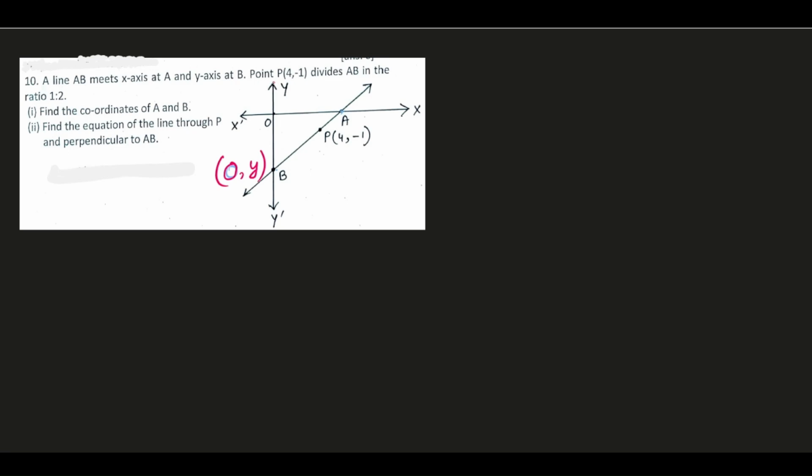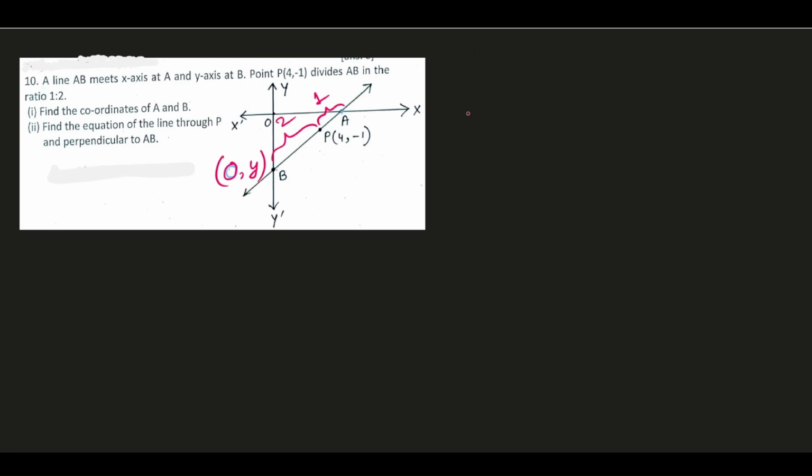Point P, that is (4, -1), divides AB in the ratio 1 is to 2. So clearly we can see this portion, that is PA is 1 and PB is 2. Find the coordinates of A and B.